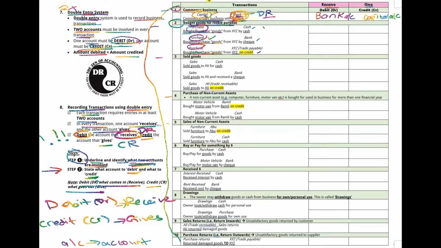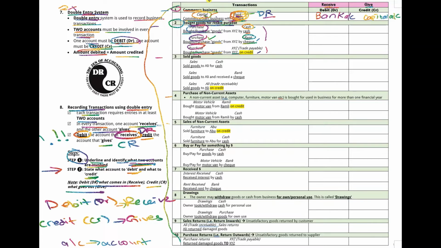The cash and check are cash transactions, meaning payment is made immediately, and this one is owing, credit, you have not yet paid the money. So when you see the word cash, you open up the cash account. When you see the word check, you open up the bank account.